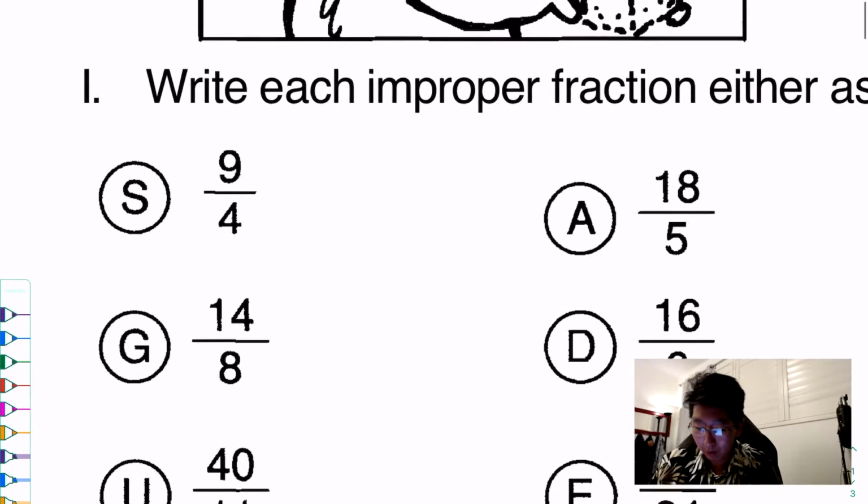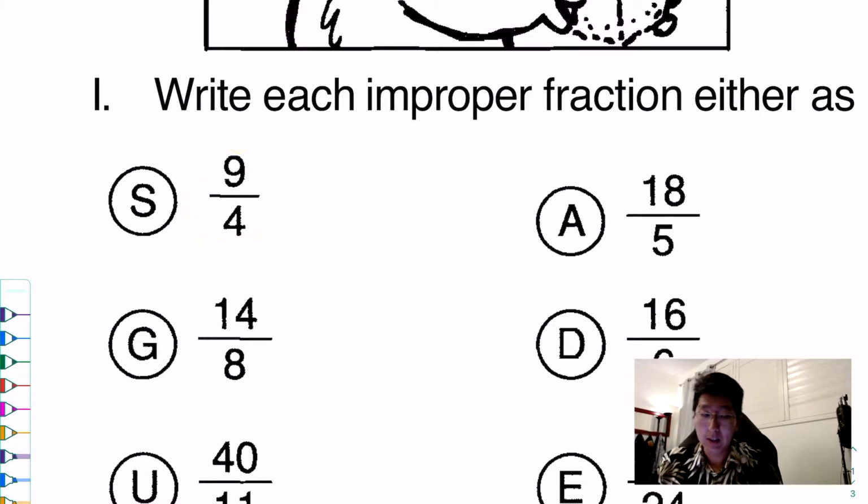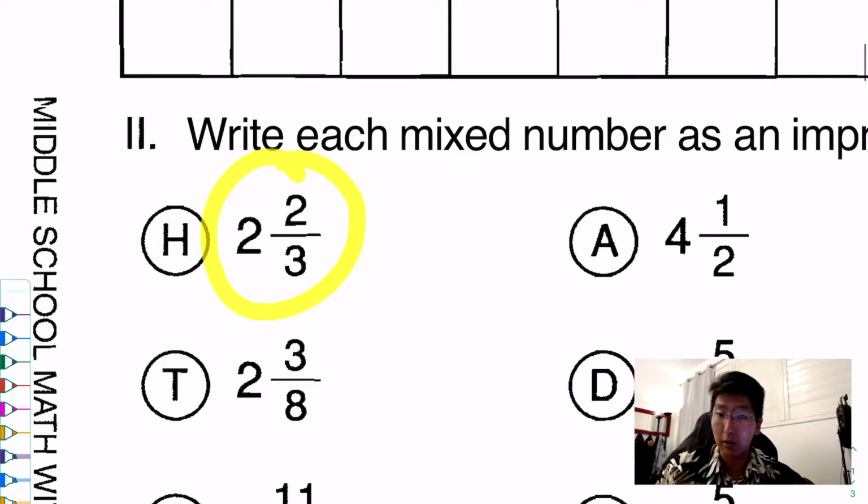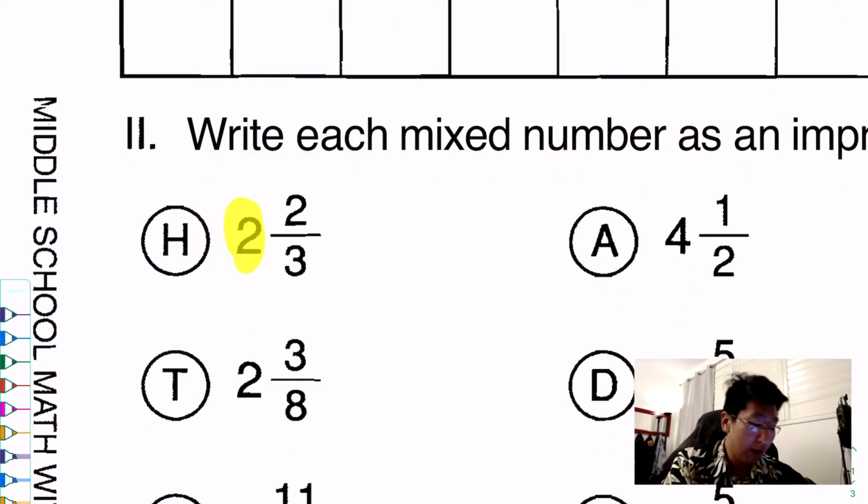Here, 9 out of 4 is considered an improper fraction because the numerator is bigger than the denominator. So here we're going to see that 9 is bigger than 4, which means that this is actually more than 1. And so we're going to try to make this into a mixed number where there's a whole number and a fraction.